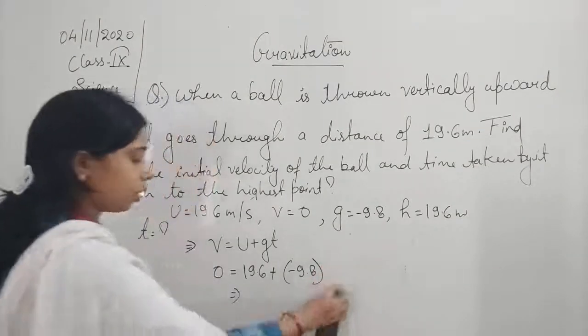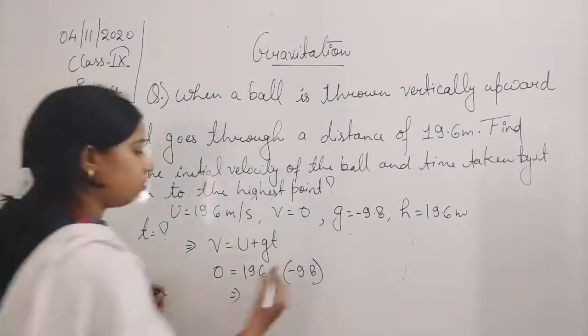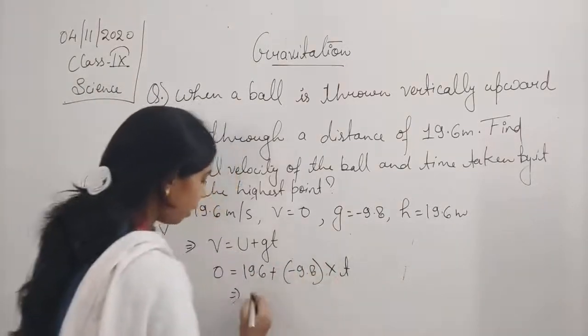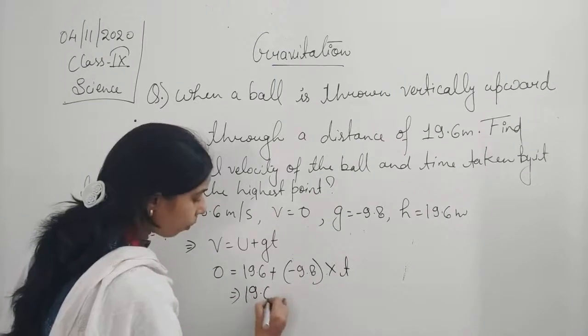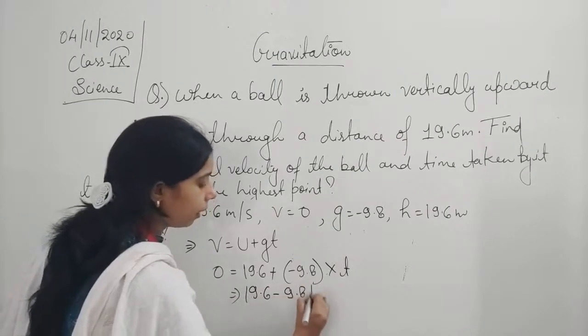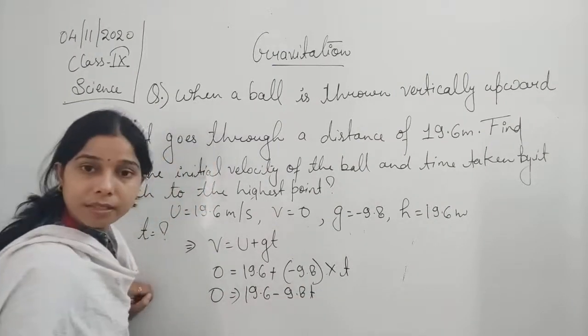It is not h, it will be t here. So we can also write it as 19.6 minus 9.8t, that is equal to 0.